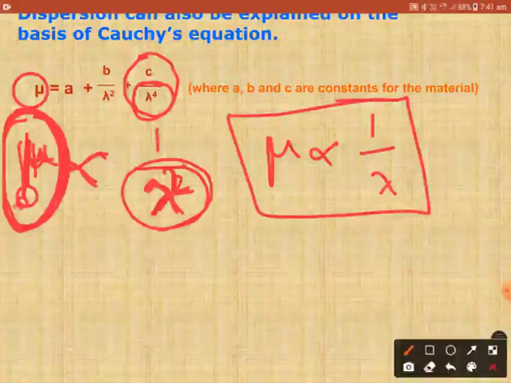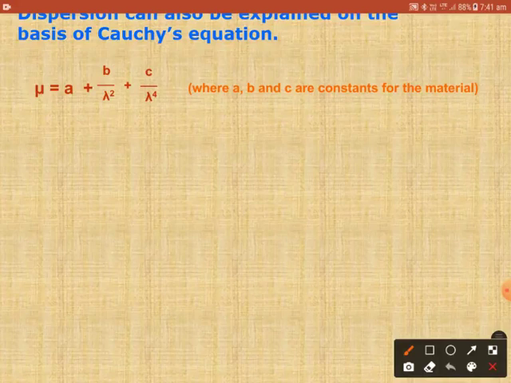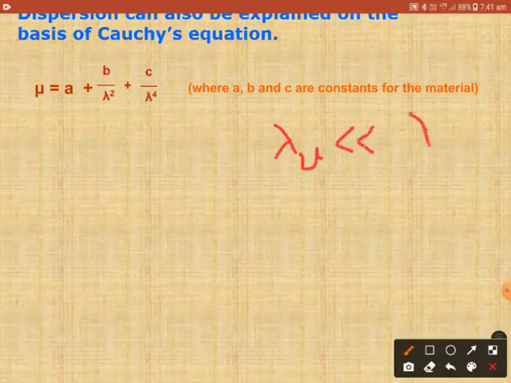Since the refractive index is inversely proportional to the wavelength, we also know that red light has the maximum wavelength and violet has the least. That means the wavelength of violet is very much less than that of red. Got it?